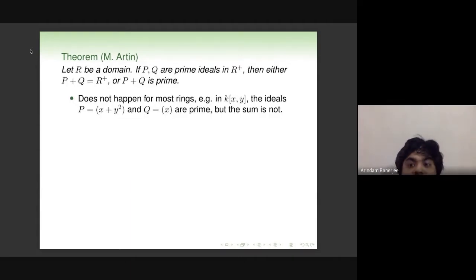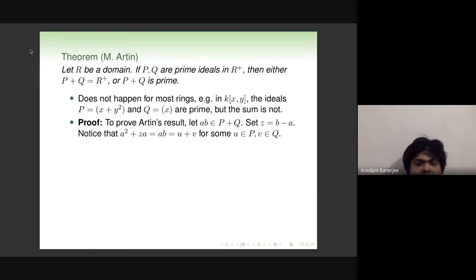For example, take k[x,y], the principal ideals p equal to (x plus i x, y squared) and q equal to (x). They are prime, but their sum is not prime, and of course their sum is not the whole ring. So this is a very unique kind of property, and the proof is rather elementary.